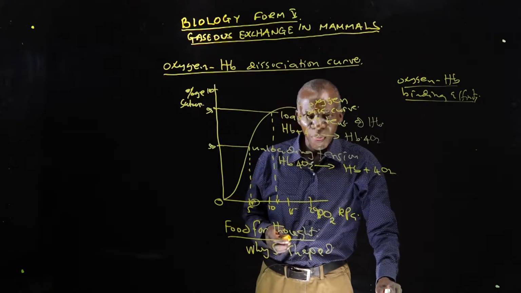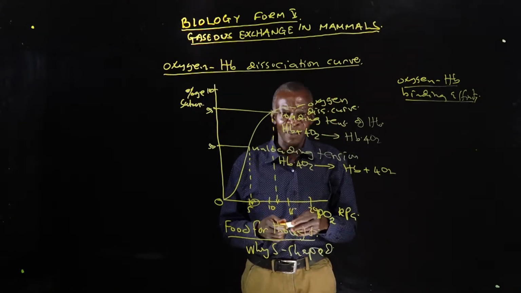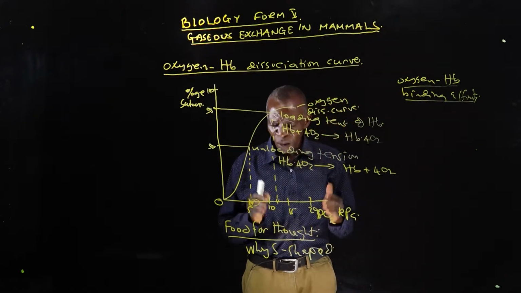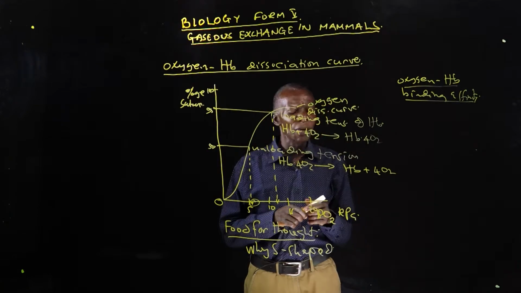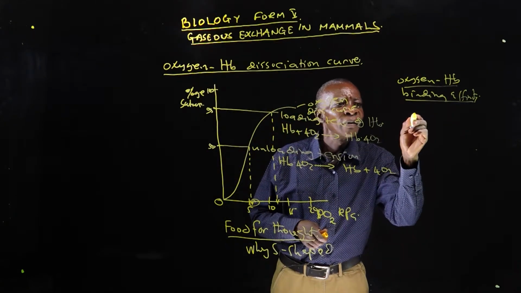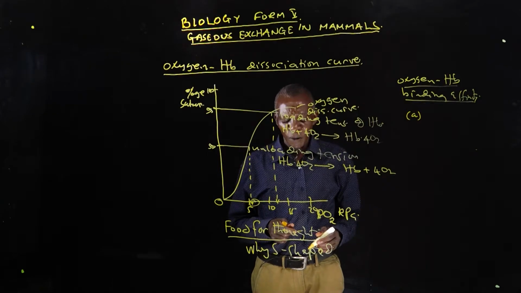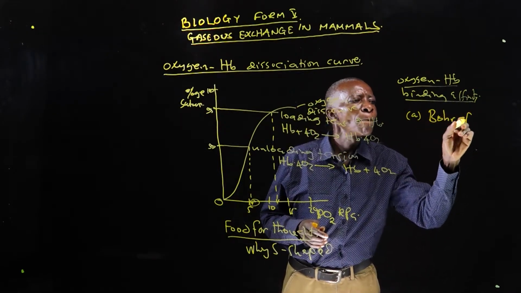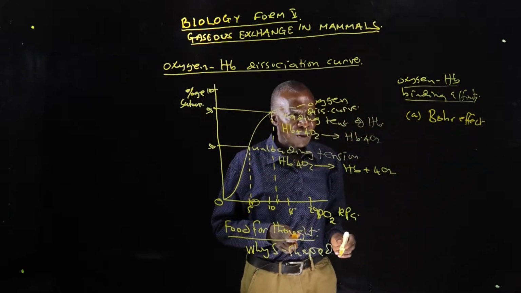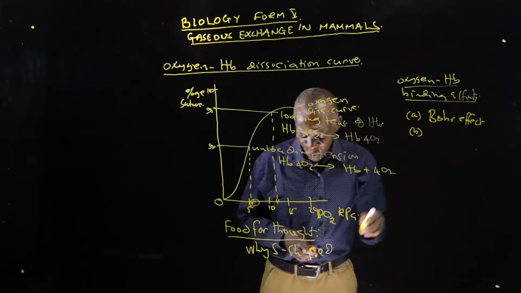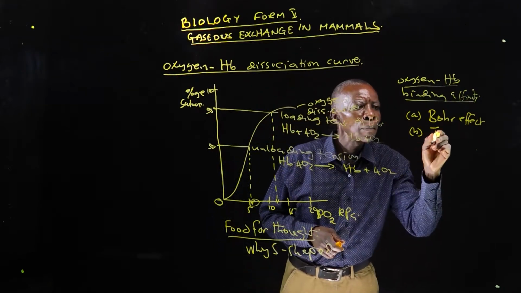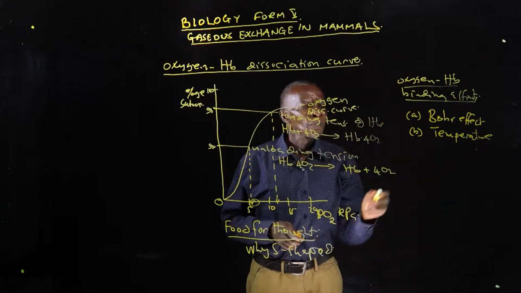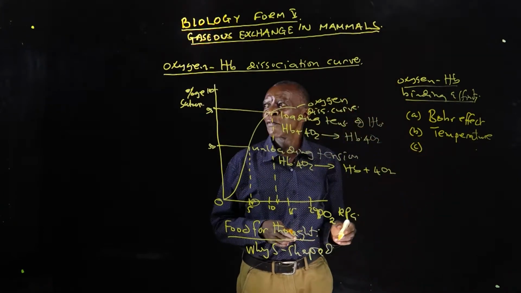We have 3 main factors that influence the oxygen hemoglobin binding affinity. The first one, we have what we call the Bohr effect. The second one, we have temperature. And the third one, we have body size.